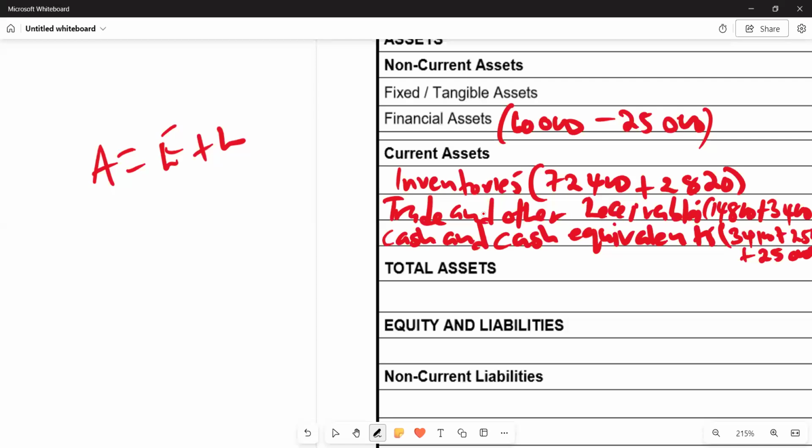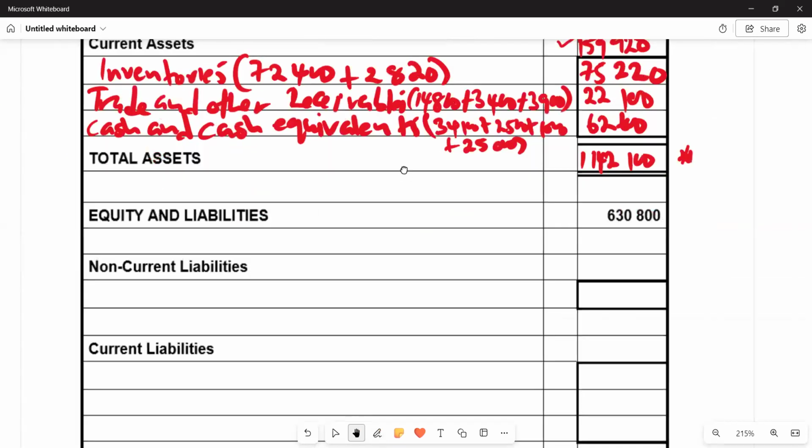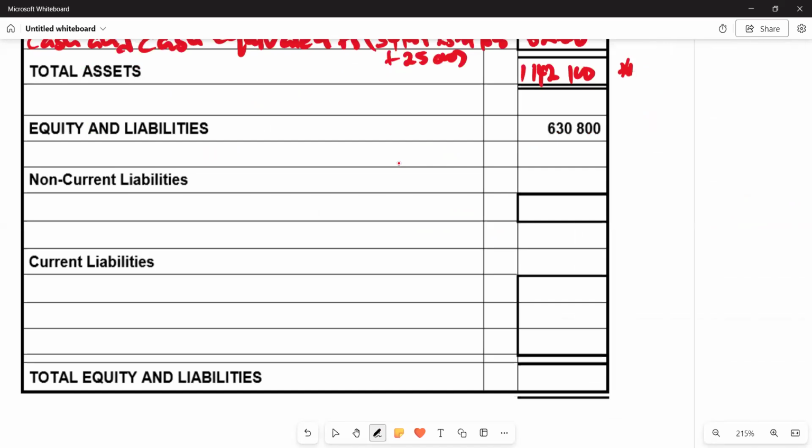So we've found the total for assets. Now we want to find the total for equity plus liabilities. This total should be the same as the total for assets. And then we go to equity and liabilities. We are given this is 630.